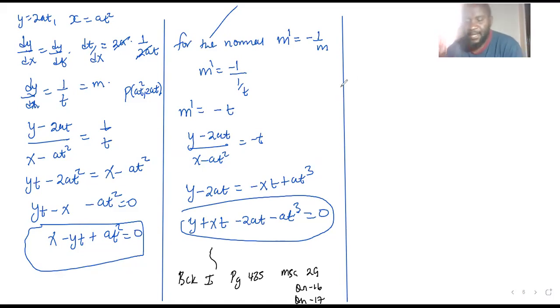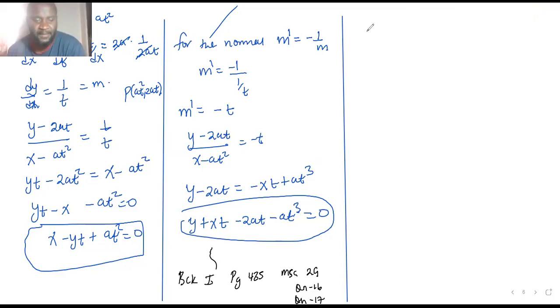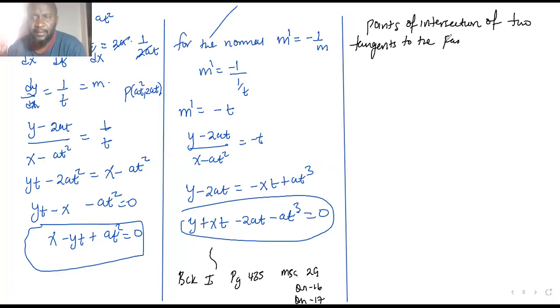Today I might just give definitions as I'm seeing here. Let's go as far as we can so that by the time you go to school, you are happy. So after getting those equations, we have points of intersection of two tangents to the parabola at points.